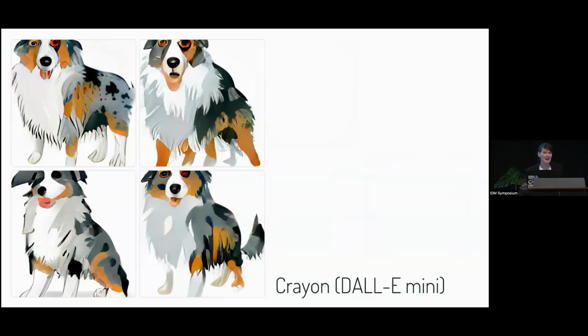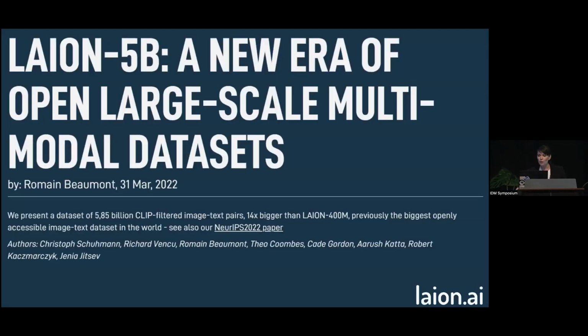This is what you got if you asked for a blue merle Australian shepherd from the original DALL-E, which is still implemented in Craiyon, it should be C-R-A-I-Y-O-N, sorry, there's a typo there. But yeah, image generation has come a long way since what we were getting out of these systems 6 or 8 months ago.